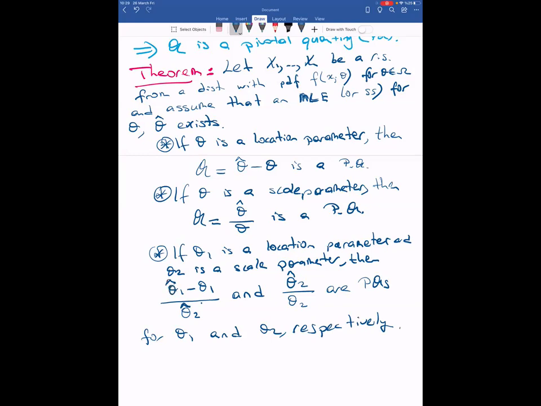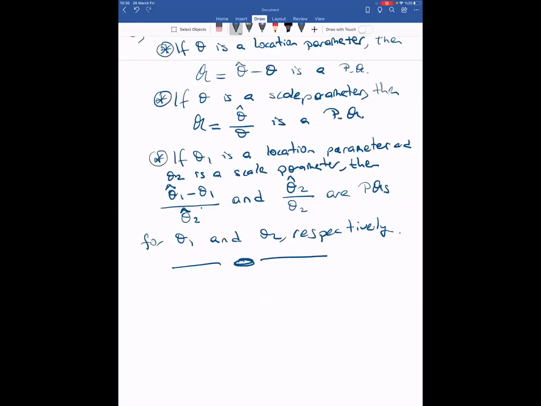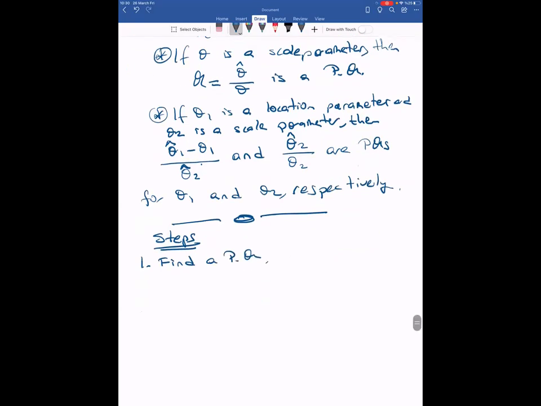Okay, so let's focus on this and how we can generate confidence intervals for that. This is the end of the theorem that we have. Then what we will do is, let me write the steps. One, find a pivotal quantity first. Two, find the distribution, PDF or CDF, of the pivotal quantity.